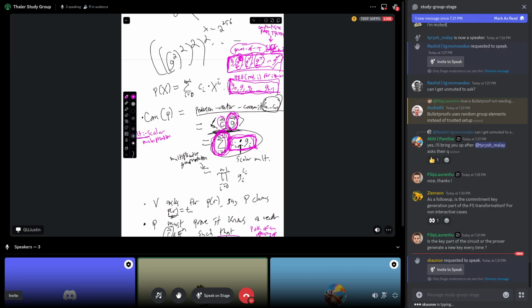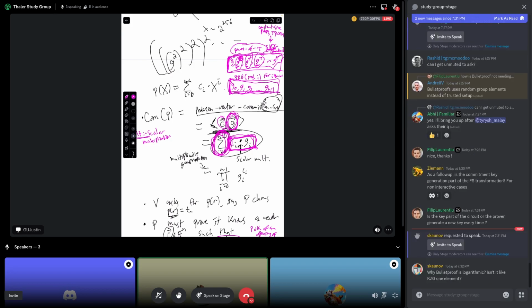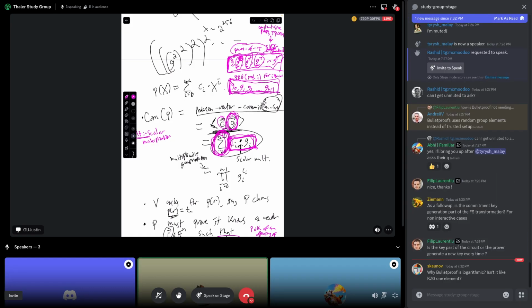But they say reveal a commitment. So in the literature, you often see this reveal part of this algorithm, and I'm not sure what the reveal part of this commitment scheme is. So if it makes sense for today's discussion.